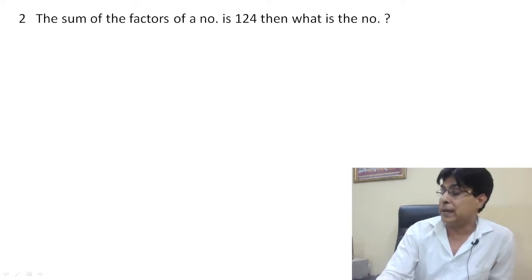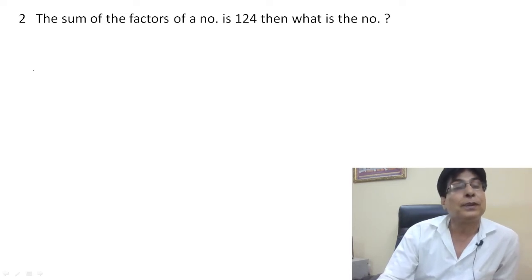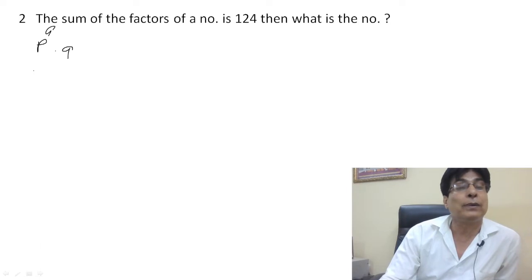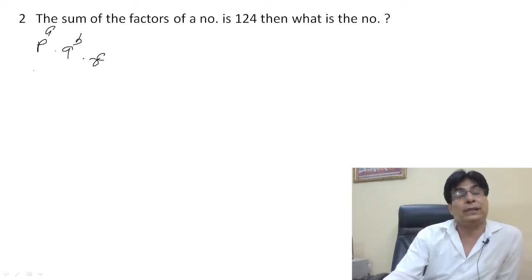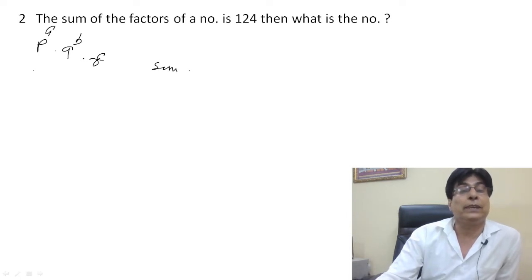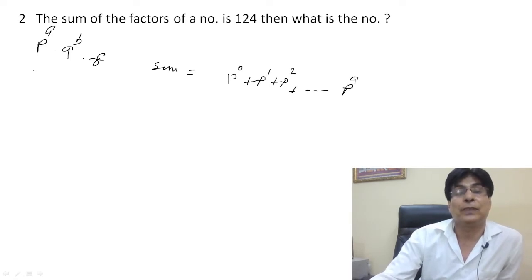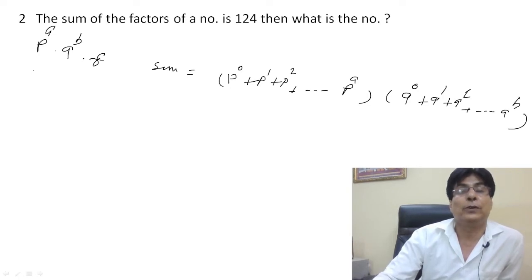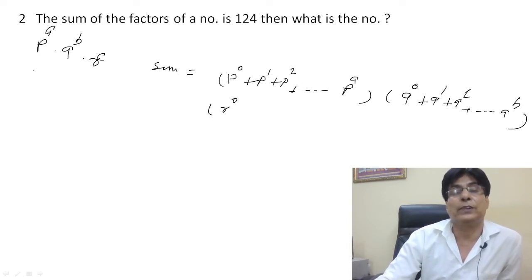For example, if the prime factorization of a given number is p^a into q^b into r^c, then the sum of the divisors is equal to (p^0 plus p^1 plus p^2 up to p^a) into (q^0 plus q^1 plus q^2 up to q^b) into (r^0 plus r^1 and so on up to r^c).